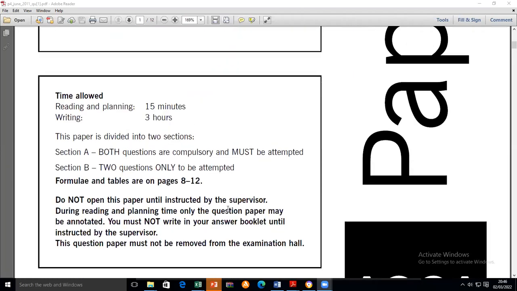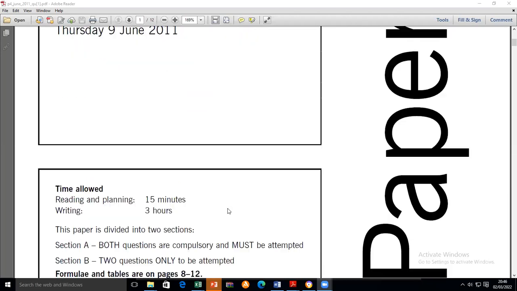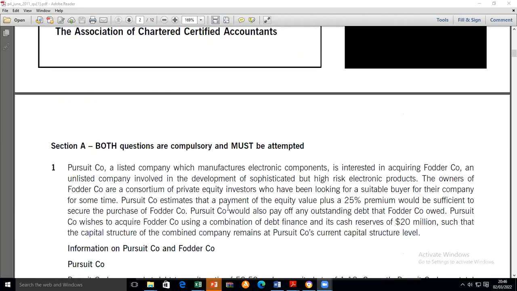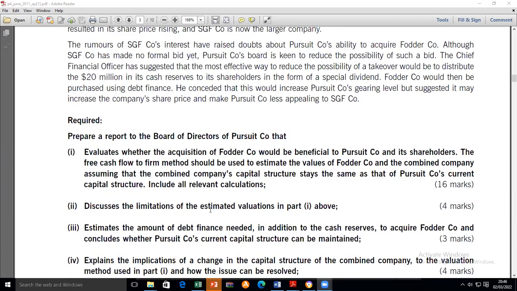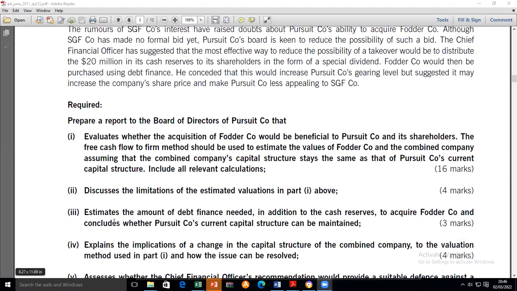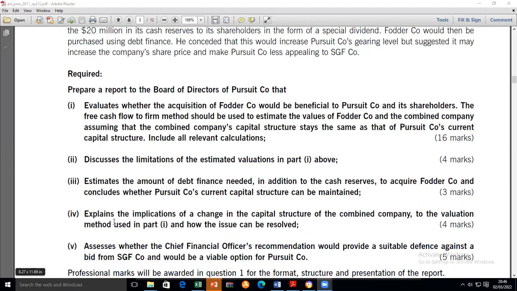This is the question that we're looking at tonight. It's a past exam question, June 2011. In this particular question, we want to focus mainly on the first 2 parts of the question.